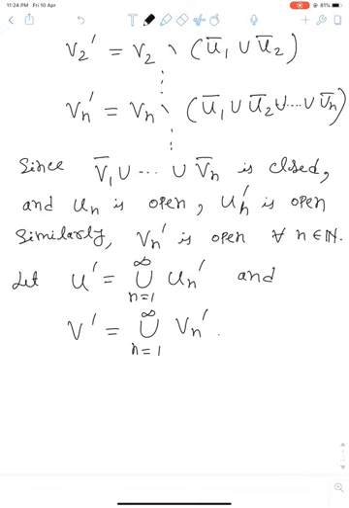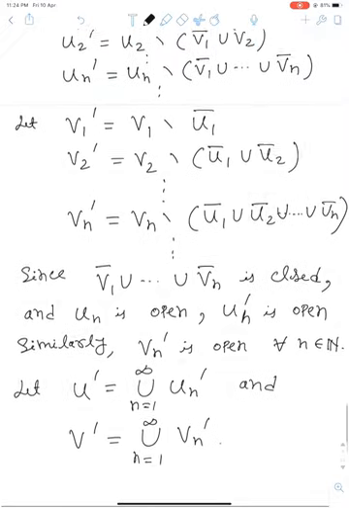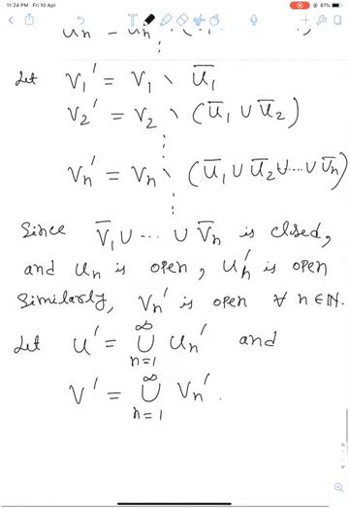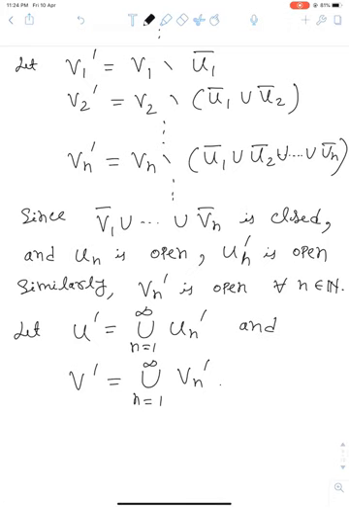Fine. Now we claim that, previously we constructed u and v in this way, right? Now we claim that this u dash and v dash cover A and B respectively, and their intersection is disjoint.